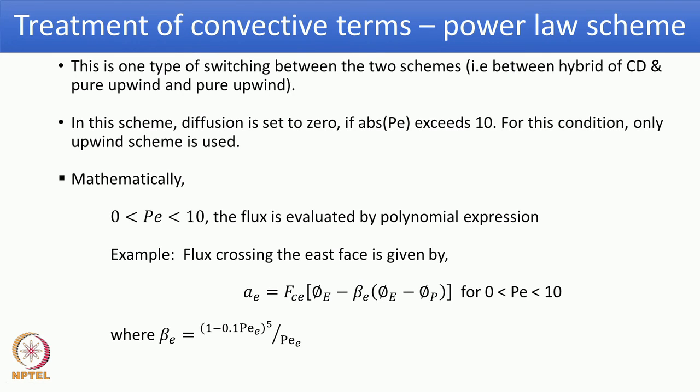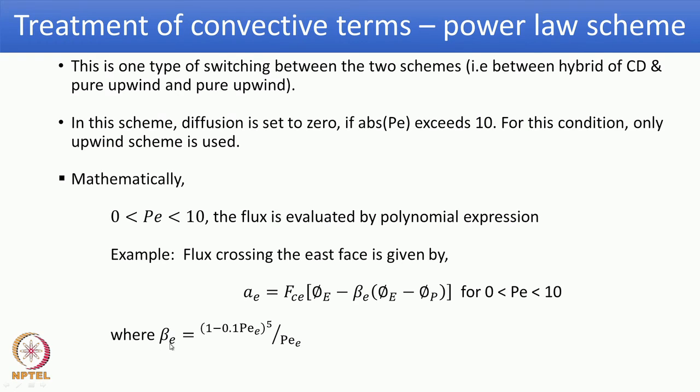For example, the flux crossing the east face is given by Ae equal to Fc e phi at east node minus beta e into phi at east node minus phi at P node, etc. And this is for the condition Pe between 0 to 10, where beta is a coefficient which is actually the speciality of this scheme, known as the power law scheme.